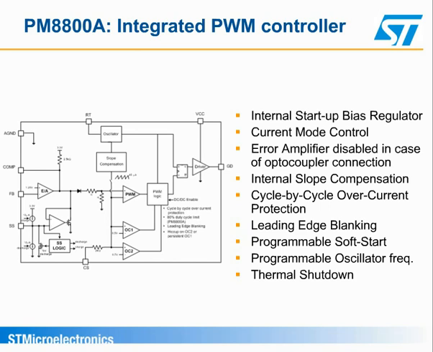It features several protection functions, such as cycle-by-cycle overcurrent protection, a second level of overcurrent protection for severe overcurrent conditions, and thermal protection. Spikes on the current sense are masked for a duration called leading-edge blanking, typically 70 nanoseconds. The DC to DC converter features a programmable soft start and a programmable switching frequency.